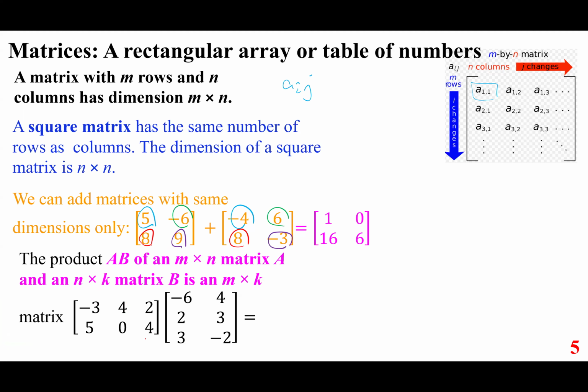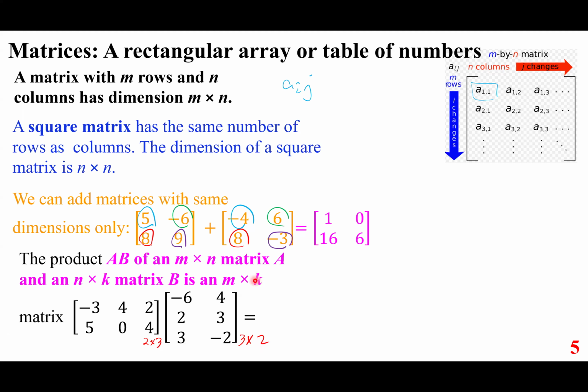This is 2 by 3, everybody. 2 rows, 3 columns. This one is 3 by 2. Now, I want to emphasize, since this is 2 by 3, this must be 3 by any number. It just happened to be 2.